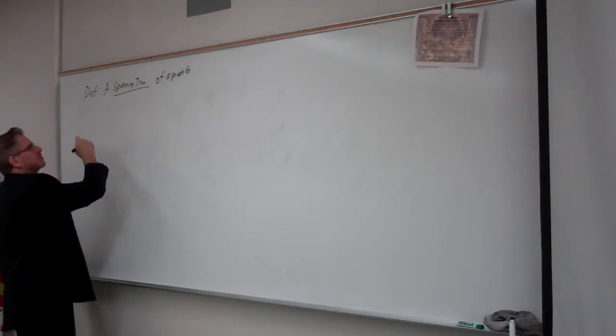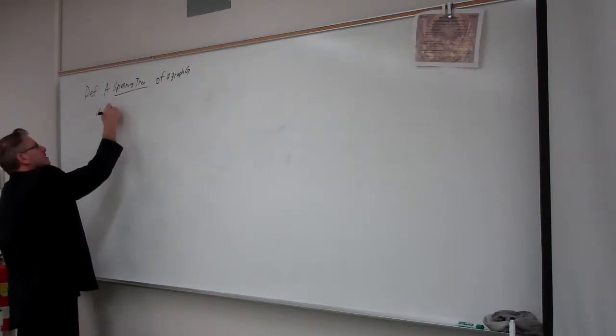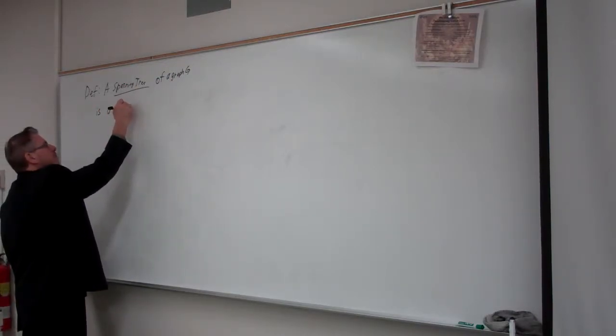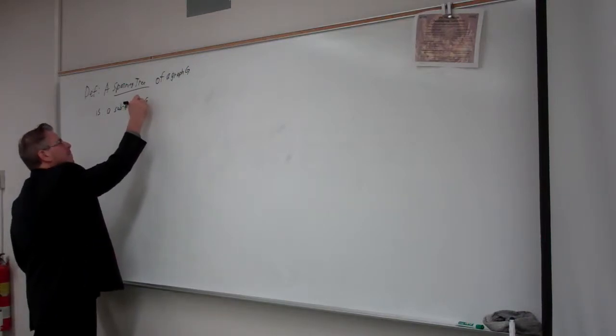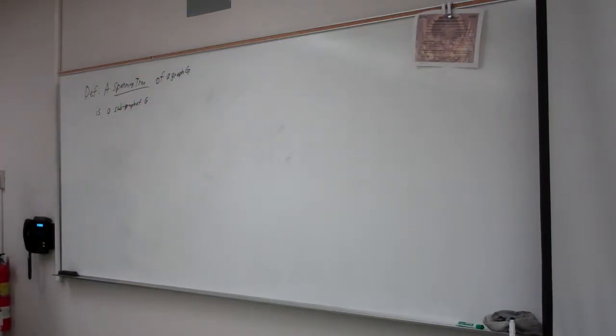A spanning tree of a graph G is a subgraph of G. And remember, a graph is a set of vertices and a set of edges, so a subgraph is a subset of those vertices and a subset of those edges.